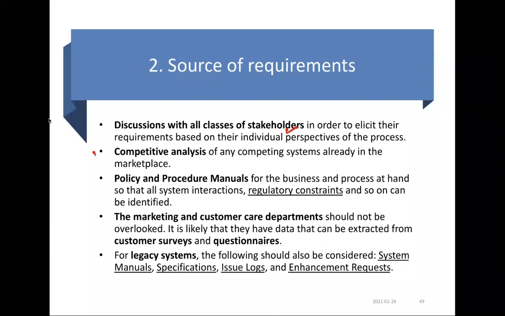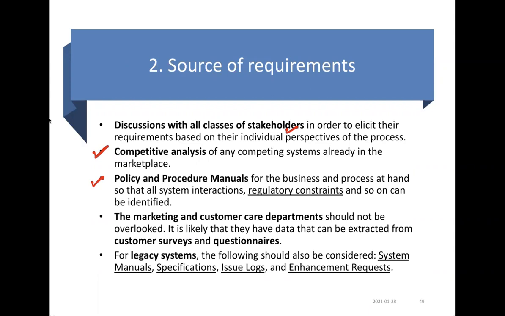We might have sources of requirements that come out as part of competitive analysis of any competing system already in the marketplace. We might have sources from policy and procedure manuals specifically for the business and process at hand, so that the system interactions and constraints could be easily identified.